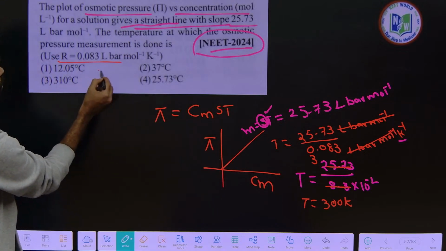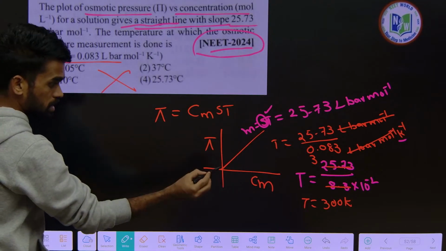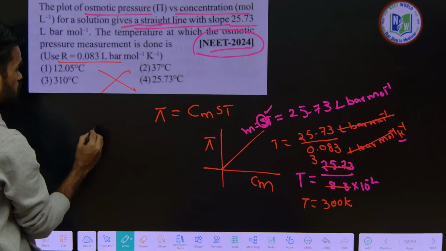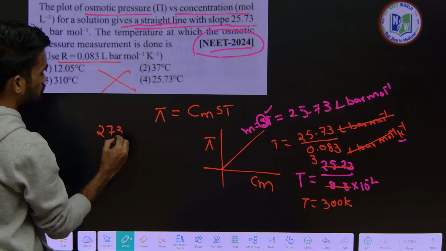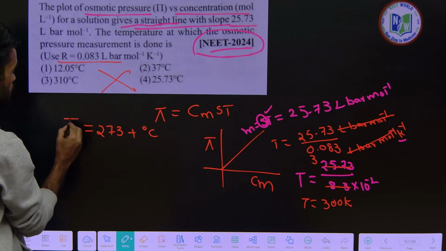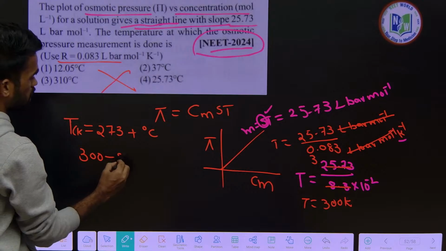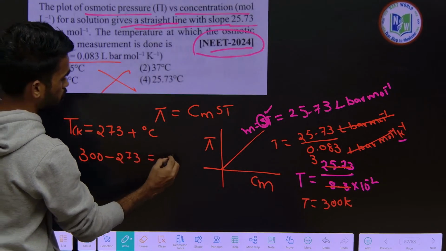But no option is in terms of kelvins. So what to do now? You can convert Kelvin to degrees Celsius. We know 273 plus degree Celsius gives the temperature in Kelvin. So we got about 300, so 300 minus 273 gives us the temperature in degree Celsius.